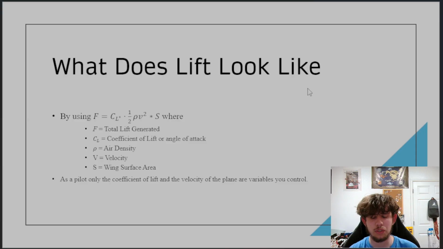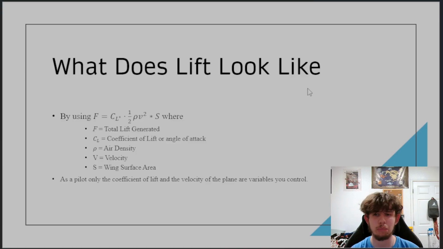Air density is directly related to the weather. So changing the angle of attack, and changing the speed at which we are pushing the wing through the air, are all we have at our disposal all the time.